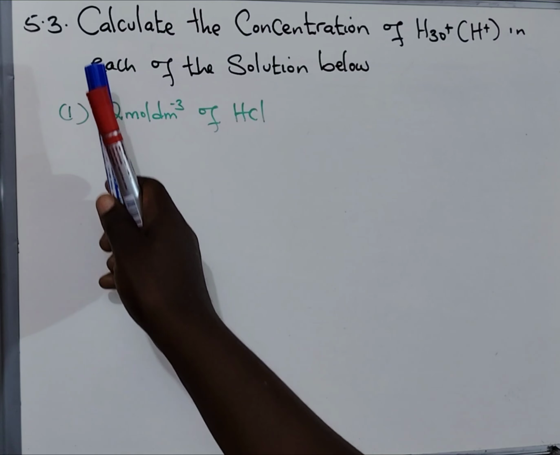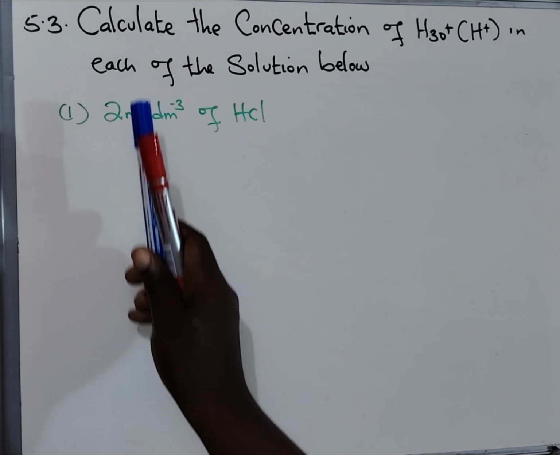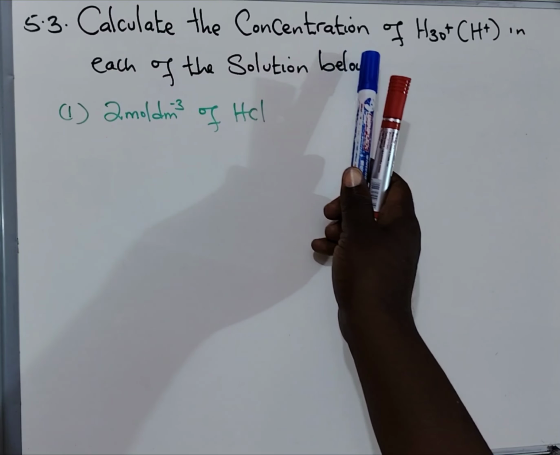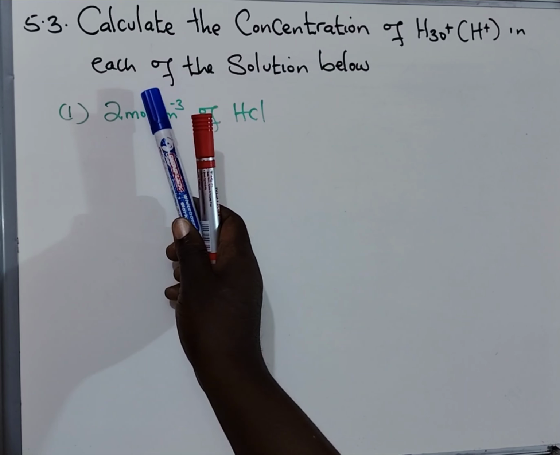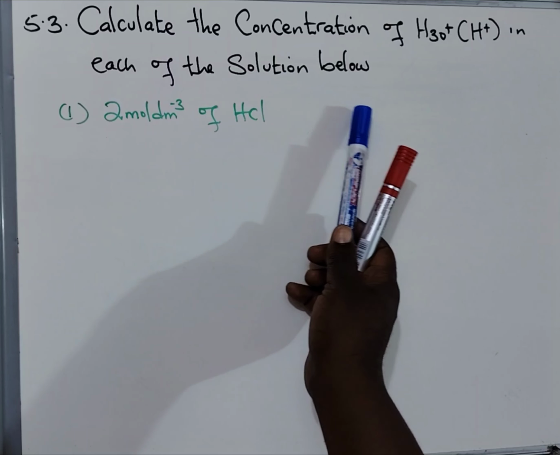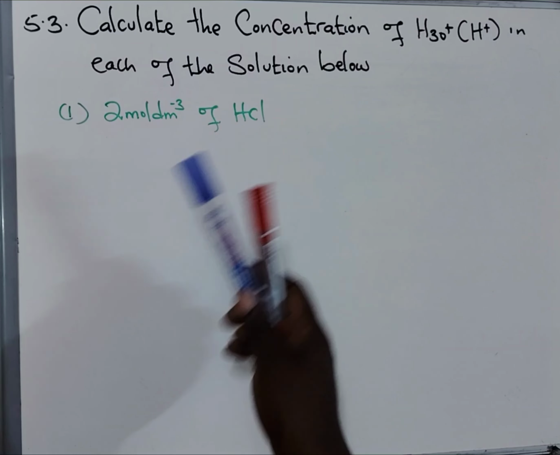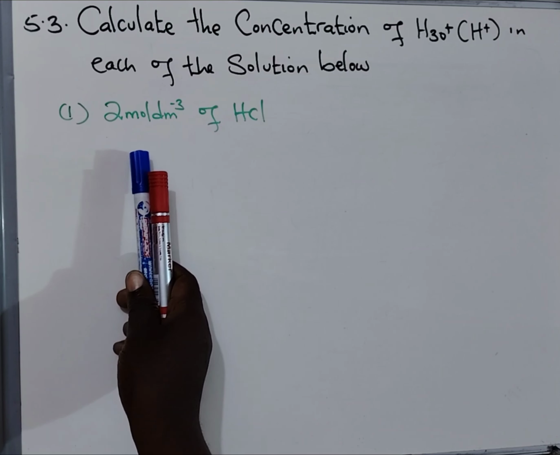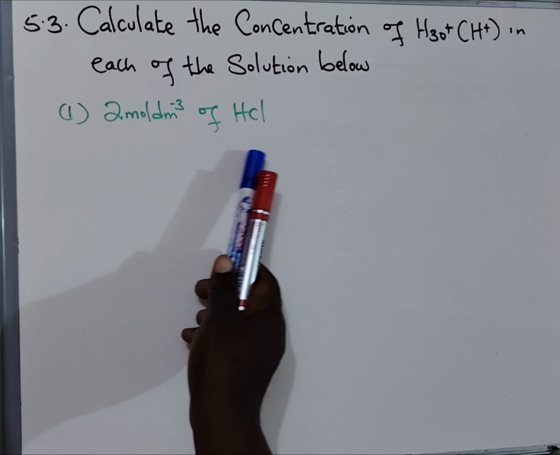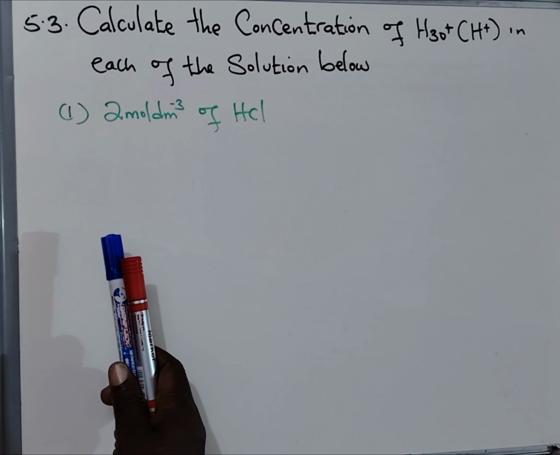Then comes this question. It says, calculate the concentration of hydronium ion or hydrogen ions in each of the solutions below. The first one is 2 moles per cubic decimeter of HCl.